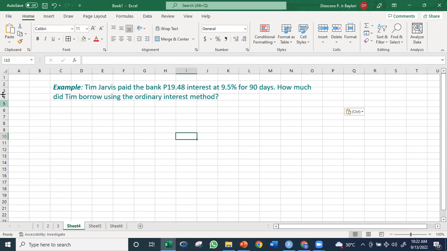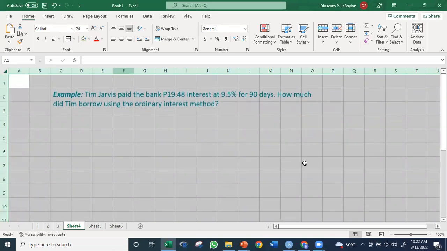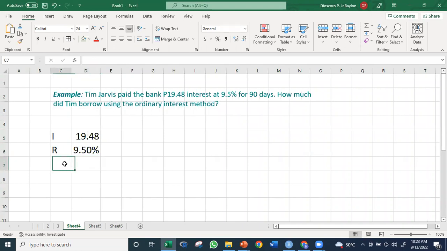So interest was given at 19.48, and then rate is at 9.5%, and then time is 90 days.